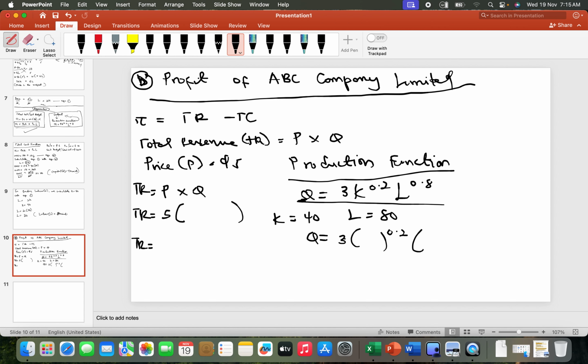So let's use the calculator. 3 into bracket 40 exponent 0.2, 80 exponent 0.8. So Q here is equal to 208.93. So this is our Q.